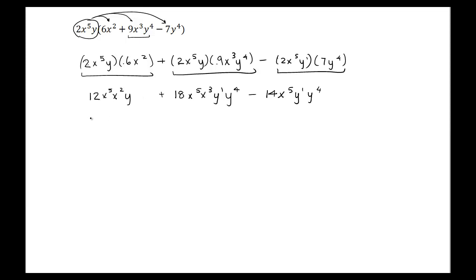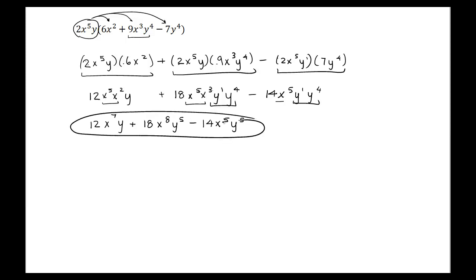So now if I simplify everything, I have 12. These have like bases, x to the 5 plus 2, which is 7, y, plus 18, x to the 5 plus 3 is 8, and then I have y to the 1, y to the 4th is y to the 5th, and then finally minus 14x to the 5th, and I have y to the 1, y to the 4th again, so I have y to the 5th.